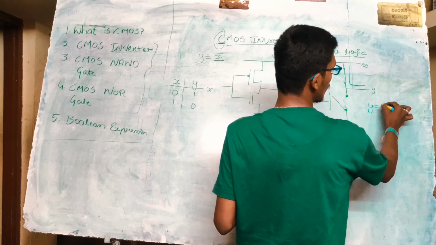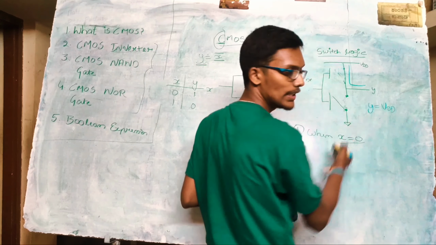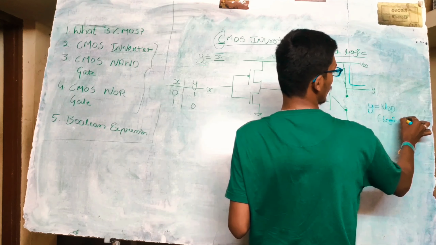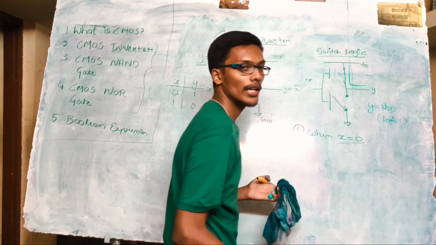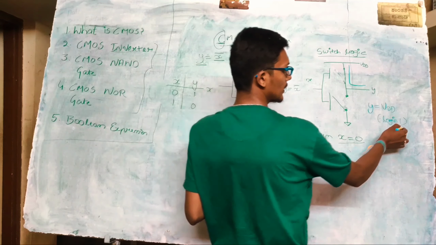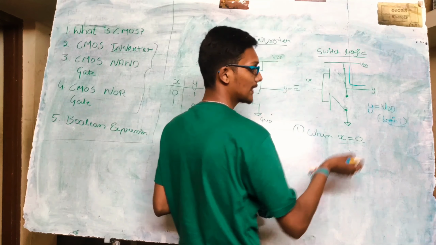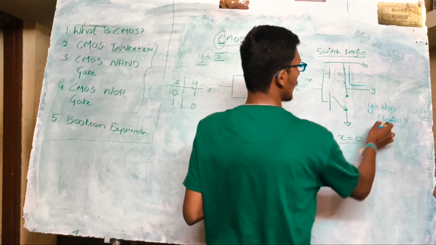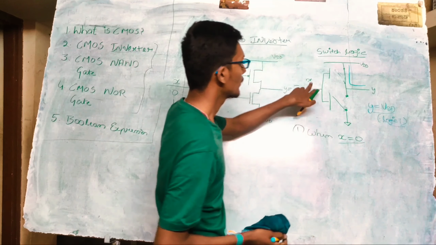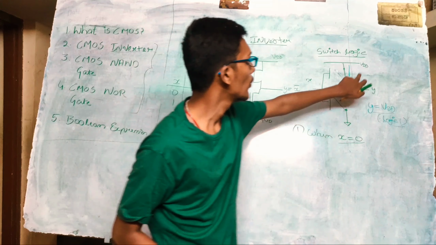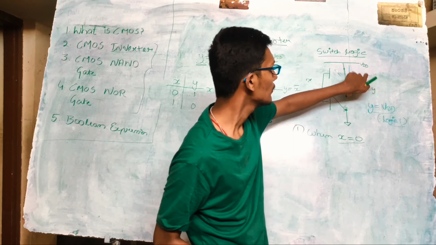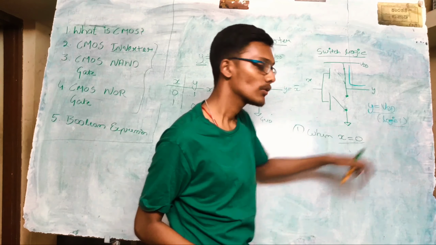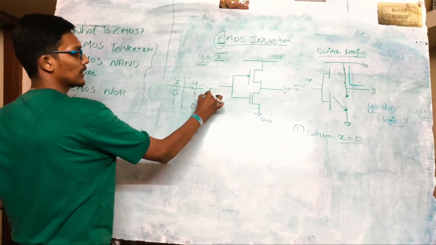Y is equal to VDD, where VDD we consider as logic 1. VDD might be any voltage which is considered as logic 1, except 0, because 0 is taken as logic 0. So we have established the path between VDD and Y, which represents logic 1. So this part of the truth table is verified.